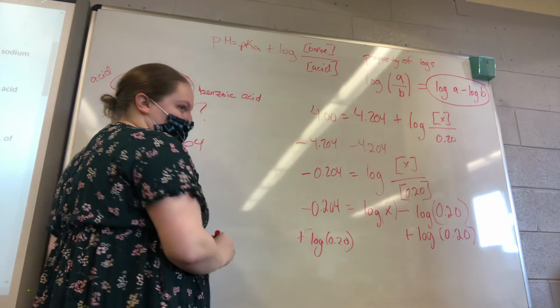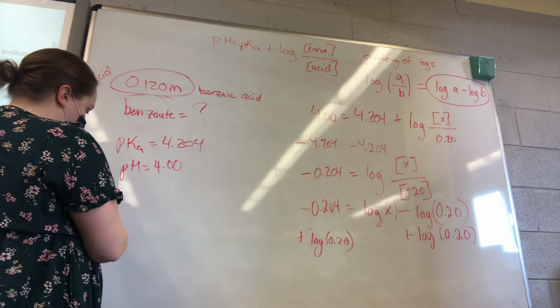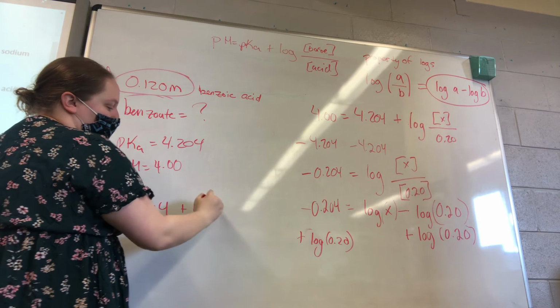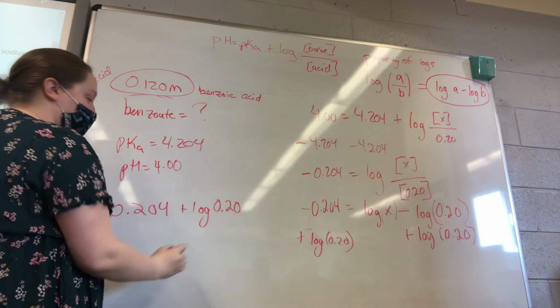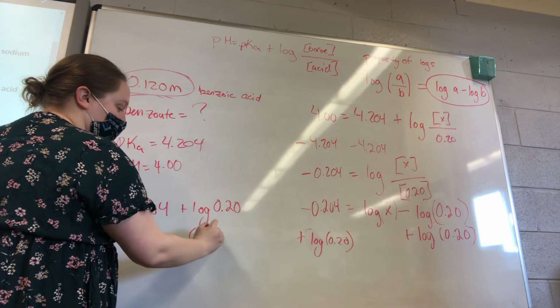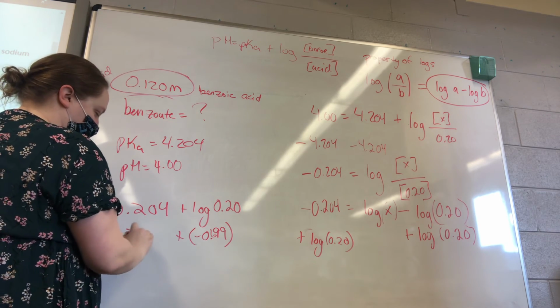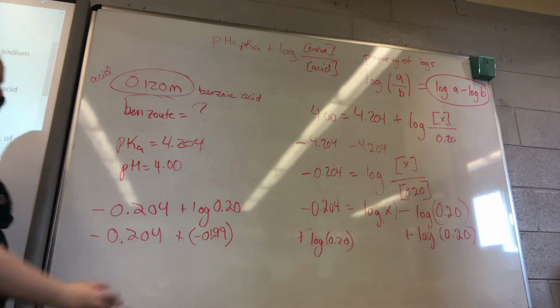No, this is negative 0.8. Yeah, because the signs are weird. So then you'd be adding them together. So you get plus the log of 0.20, and the log of this is a negative number. Negative 0.903. This is what it becomes, correct? Yeah. So what is that number? Negative 0.903.